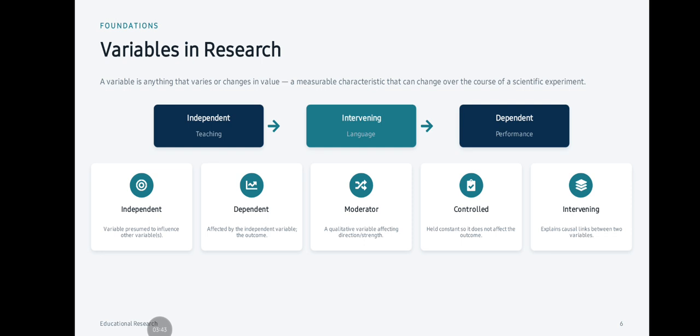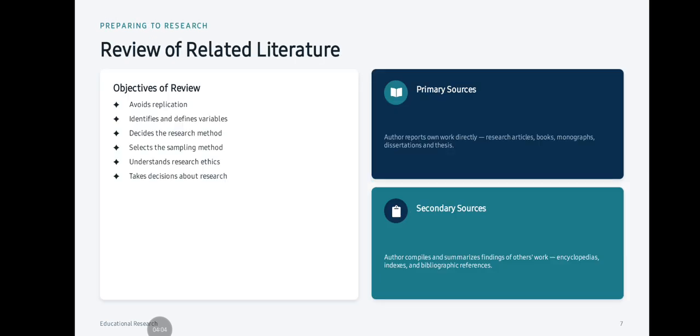Dependent, affected by the independent variable, the outcome. Moderator, that is a qualitative variable affecting direction or strength. Controlled, held constant so it does not affect the outcome. Intervening, explains causal links between two variables.